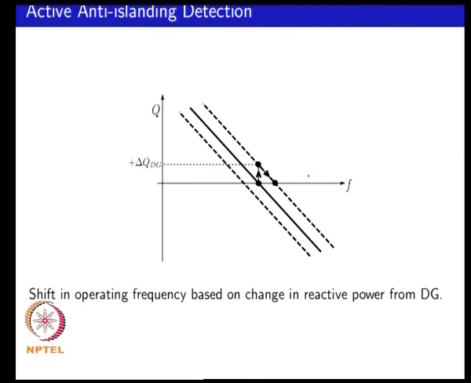Once your upstream switch opens on the feeder, after switch S1 opens, you have your Q load equal to Q DG, because there is no delta Q coming in at that point from the model of the system that you are trying to analyze.